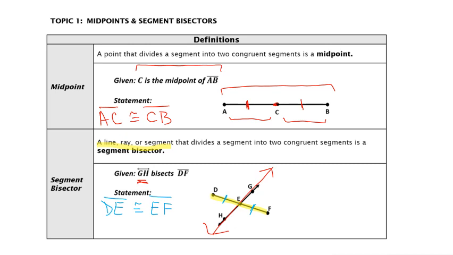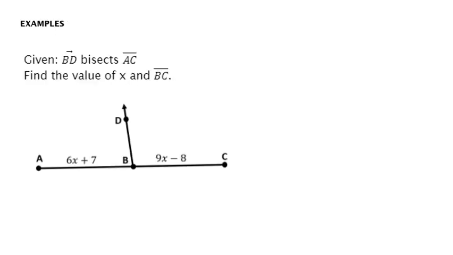So the first example, we have BD bisects AC and find the value of X and BC. So if BD bisects, we got to kind of decode what that means. So BD is bisecting segment AC. So this is AC. So what that means is we have two congruent or equal segments.